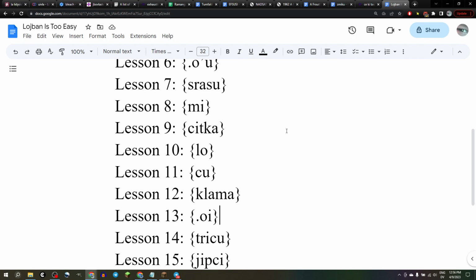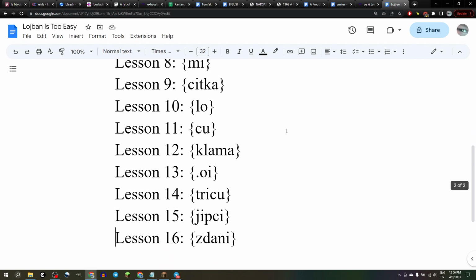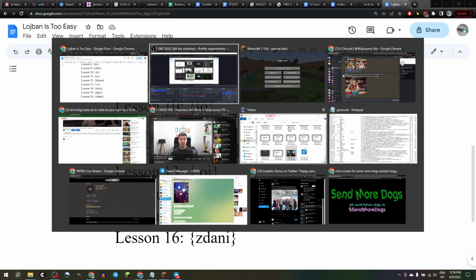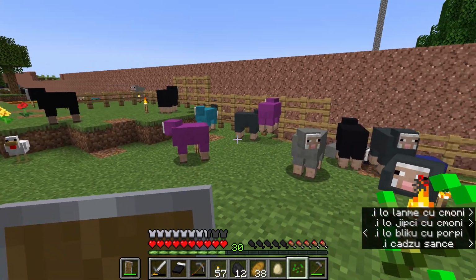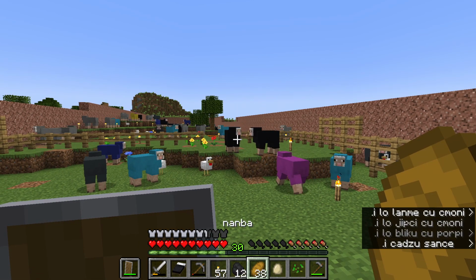Oi means ow, that hurt, this hurts, this thing that this is tagging. Trishu means a tree. Jipshi means a chicken. And now we're going to learn zdani. Zdani means a house, or to house, but not like it's the responsibility of society to house people.